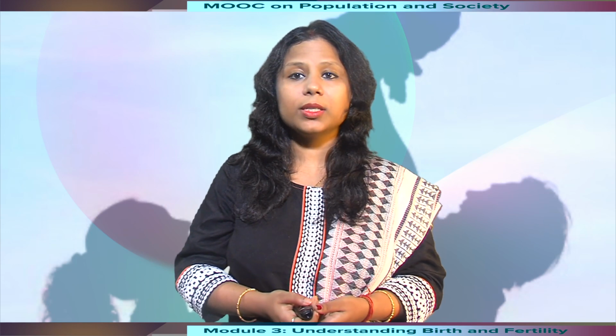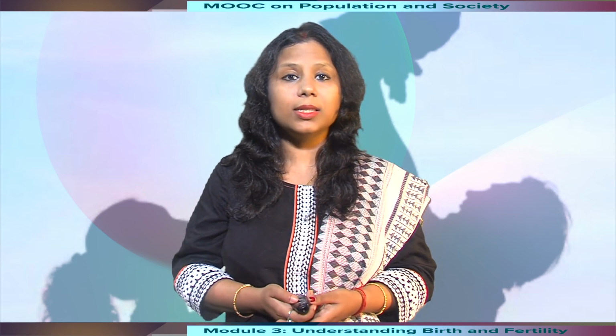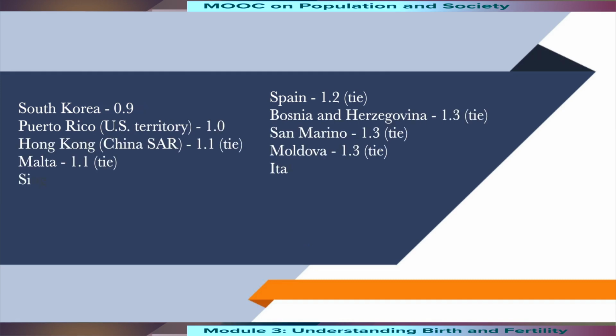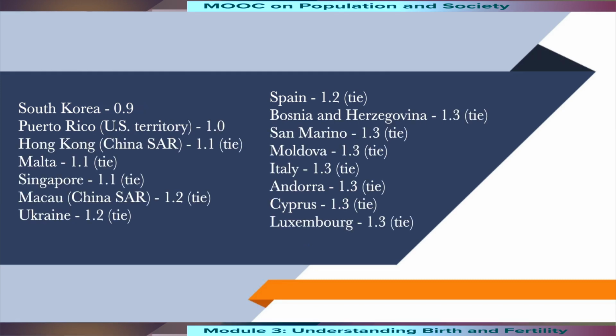On the other hand, the countries with the lowest fertility rate as per the World Bank data 2019 are South Korea, Puerto Rico, Hong Kong, Malta, Singapore, Macau, Ukraine, Spain, Bosnia and Herzegovina.